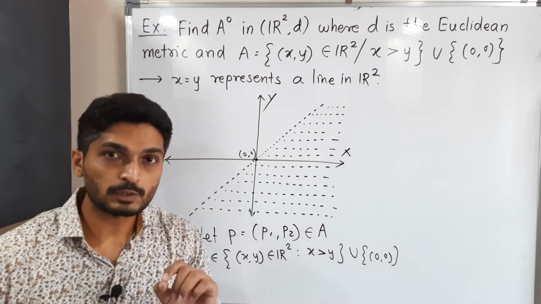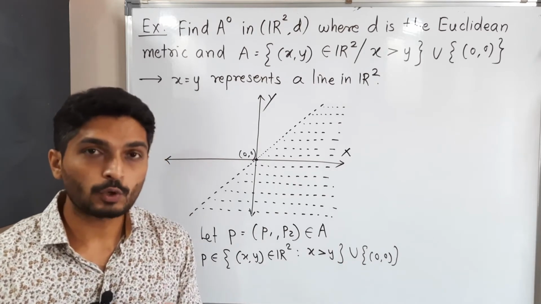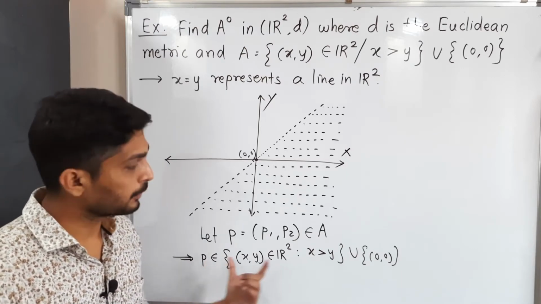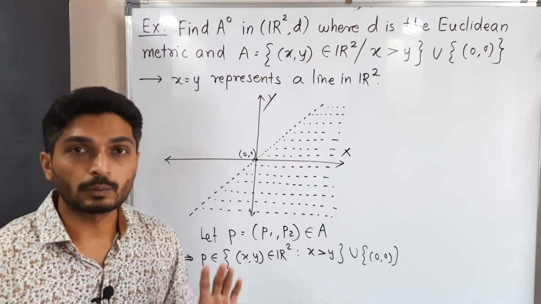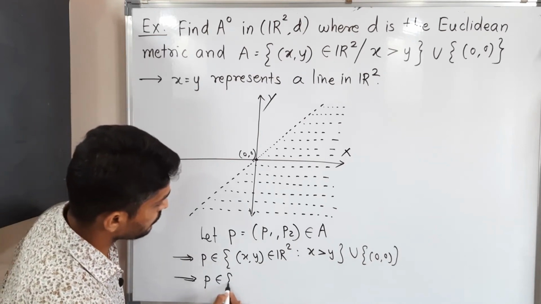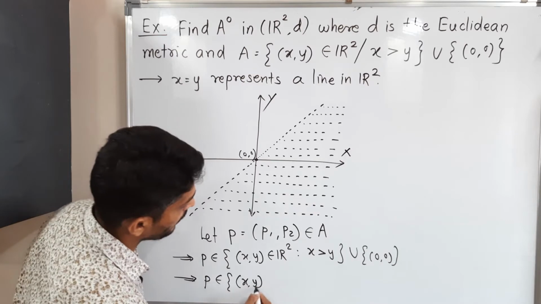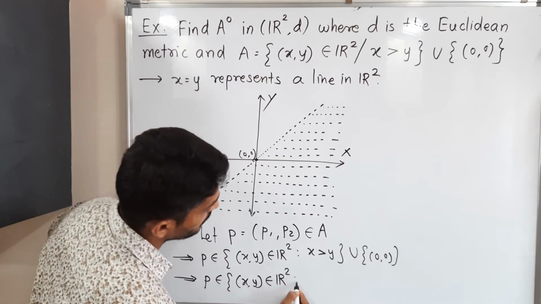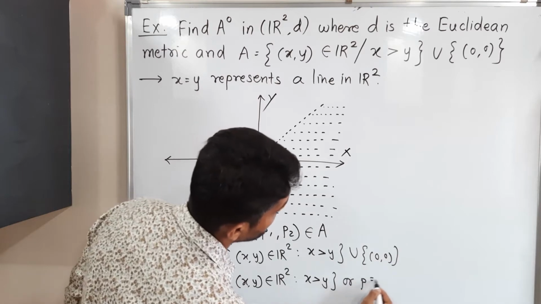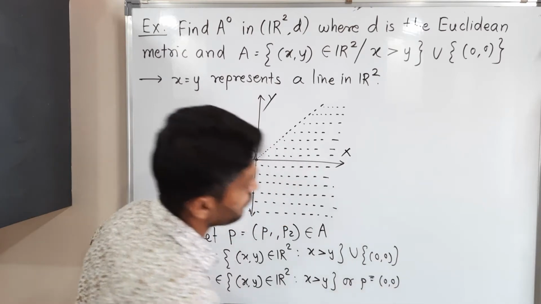Union is there, that means OR is there. Getting? Union means OR and intersection means AND. That means our point P either belongs to this set or it is equal to 0 0. So P belongs to xy belongs to R2 such that x greater than y, or P is equal to 0 0.